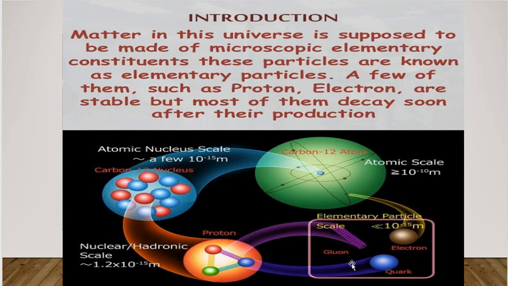This is the scaling down process of the structure of matter. So, our journey is from matter to the basic building blocks of matter. A few of such basic building blocks, such as proton and electron, are stable. But most of them decay soon after their production.